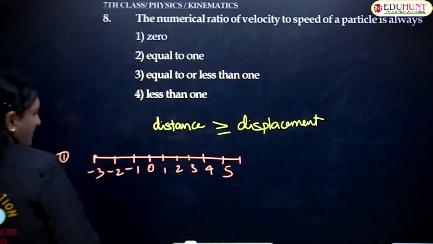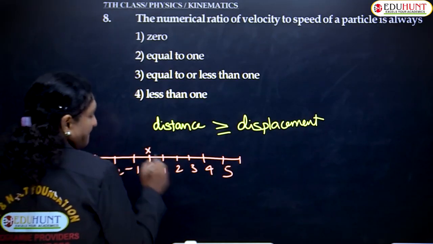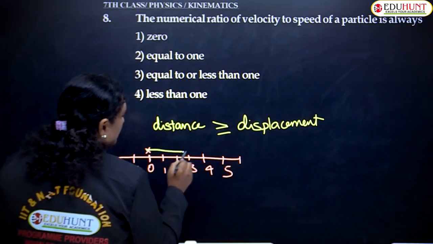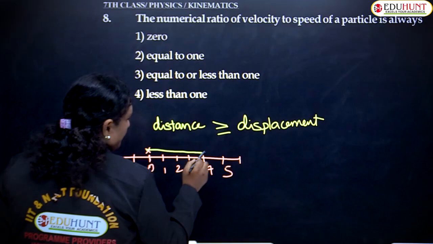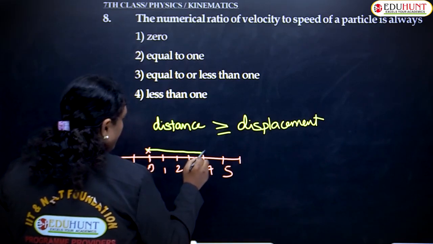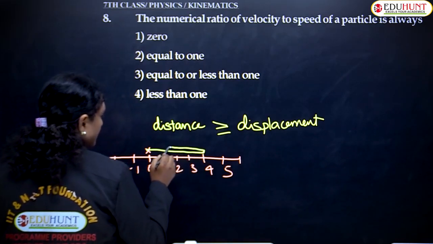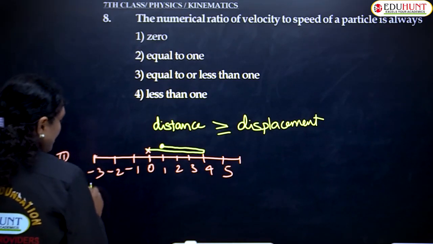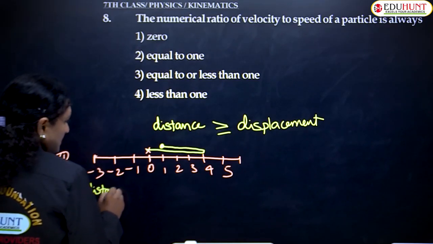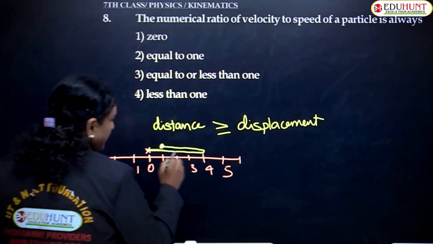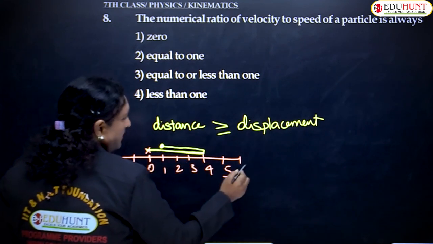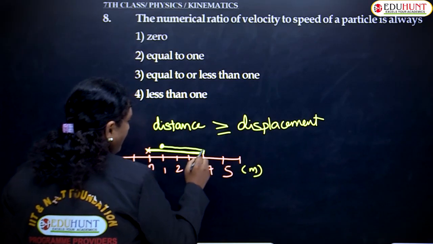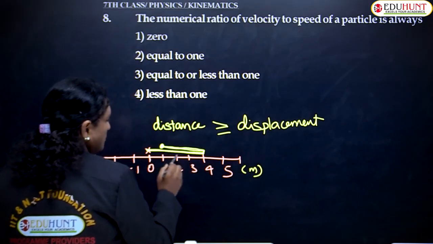Suppose in example 1, a person has started his journey from here, and again came back to here. Children, in this case, what was the value of distance? Distance covered equals this length. How much is that? 4. Let us measure it in meters. 4 meters. And again from here to here, 1, 2, 3.